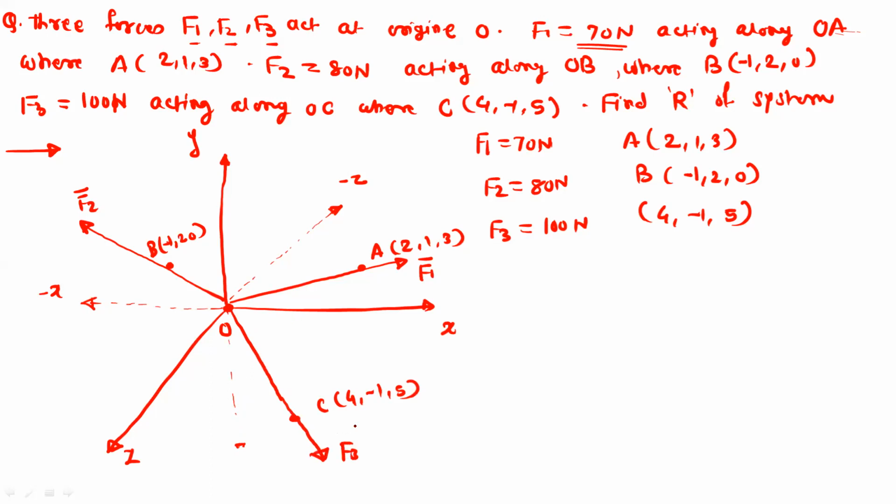This is F3 bar. So these three forces pass through the common point, that is the origin. The resultant R bar we can find by the vector addition, which is F1 bar plus F2 bar plus F3 bar. The diagram is just for your understanding, it is not necessary.